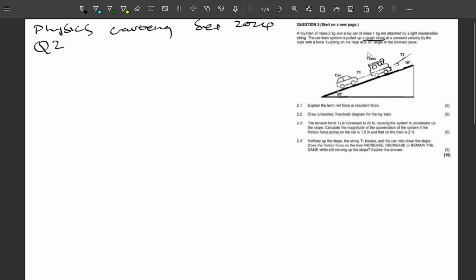Now, going to 2.2: draw a labeled free body diagram for the toy train. I'm going to draw two types of free body diagrams, the one that doesn't have the components and the one that has the components. Majority of my students usually say, some of us have been taught like this. I do not disagree with anyone.